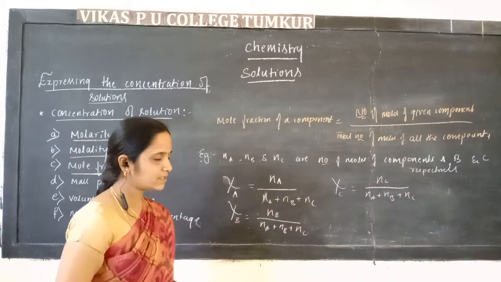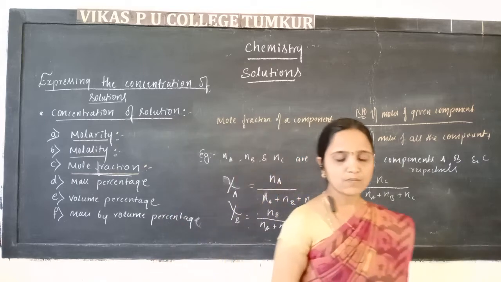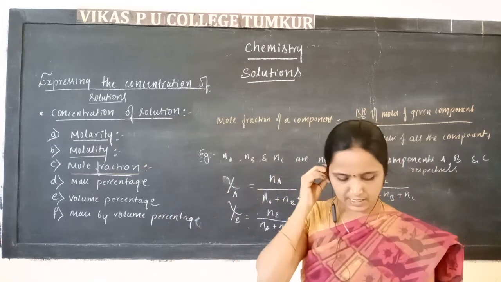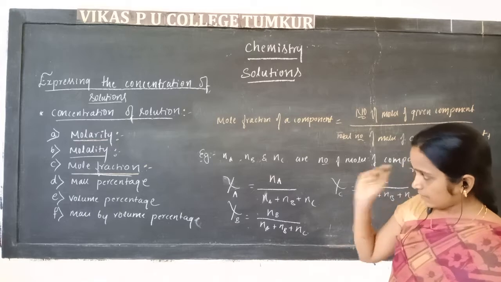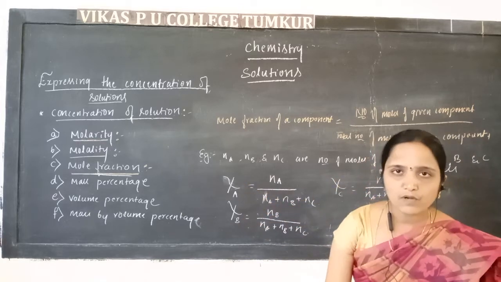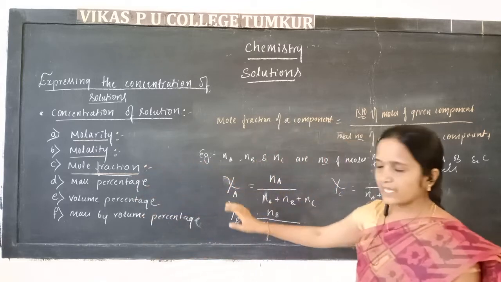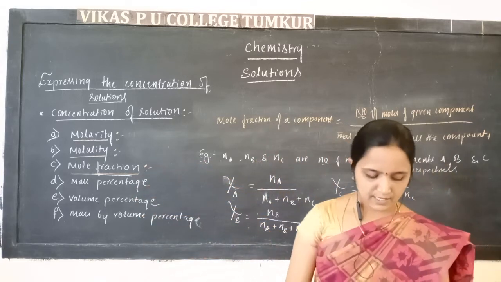By using this, we get the mole fractions of the component A, component B, component C. Here chi A, chi B, chi C are the mole fractions of the components A, B, C respectively.